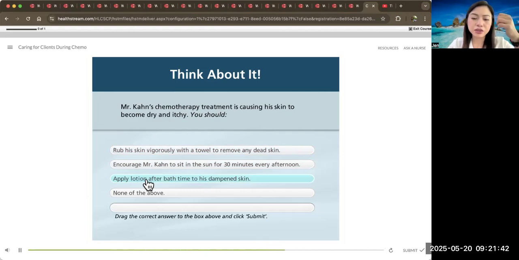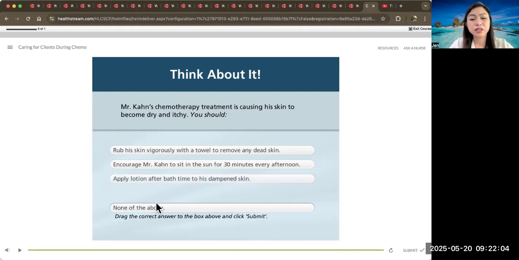Yes, apply lotion after bath time to his dampened skin. Not sure if it should be dampened. I think it's better to add Aveeno in the bath, so maybe none of the above.